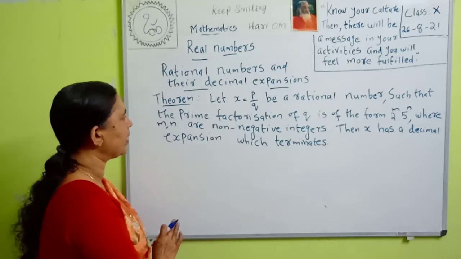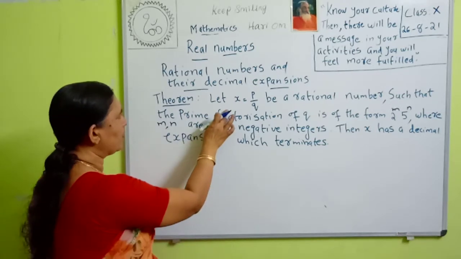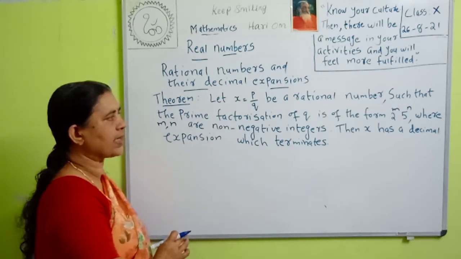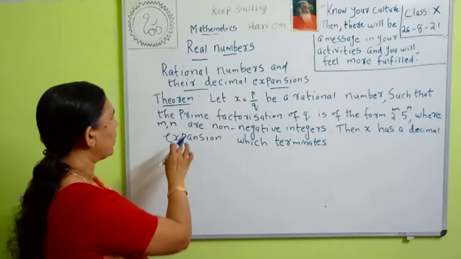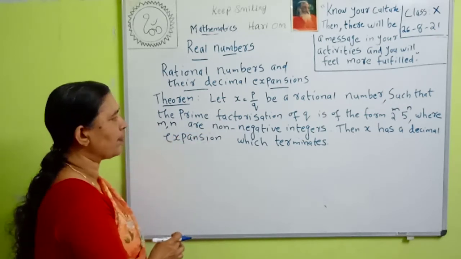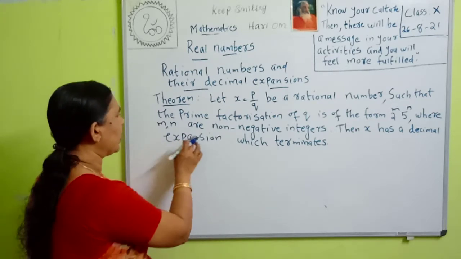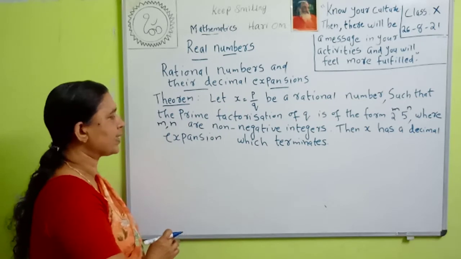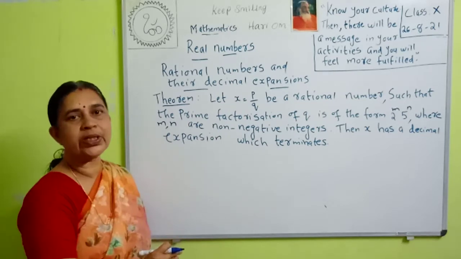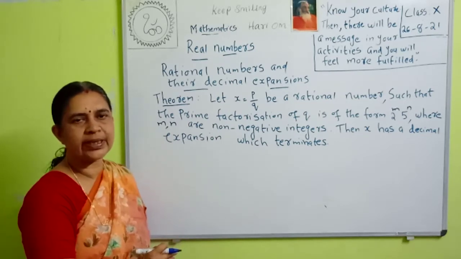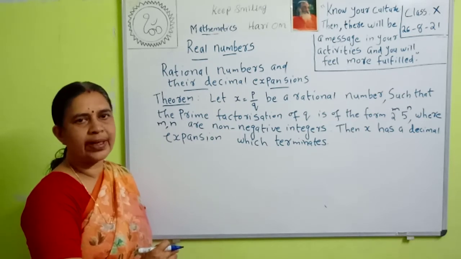Otherwise it is non-terminating. Then if x is equal to p by q be a rational number such that the prime factorization of q is of the form 2 raised to m 5 raised to n, where m and n are non-negative integers, then x has a decimal expansion which terminates. Otherwise it is a non-terminating repeating decimal. Okay.